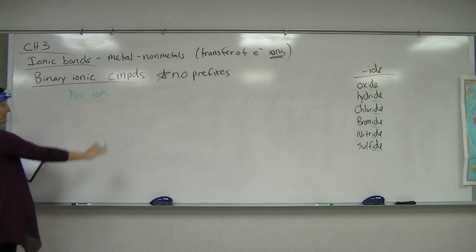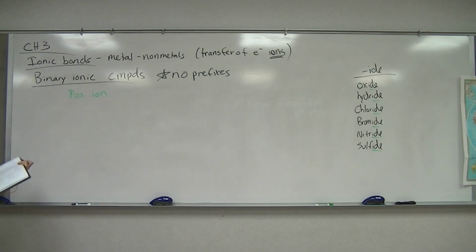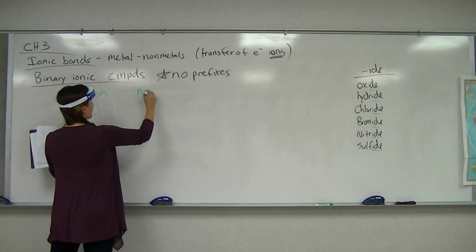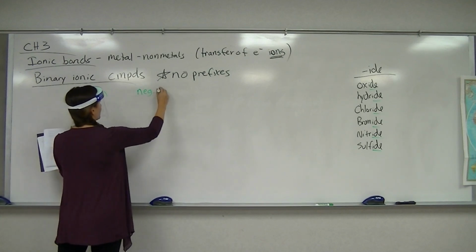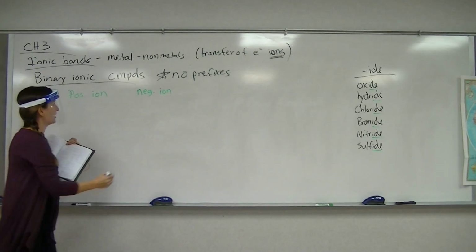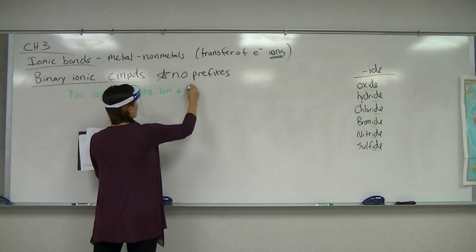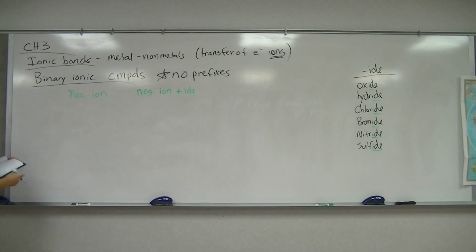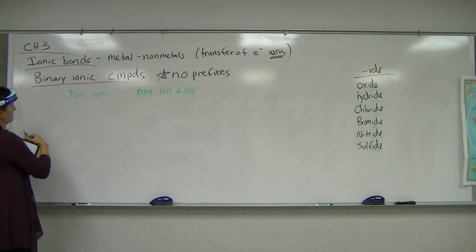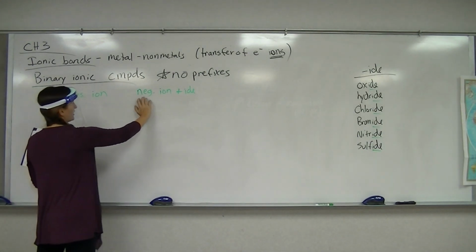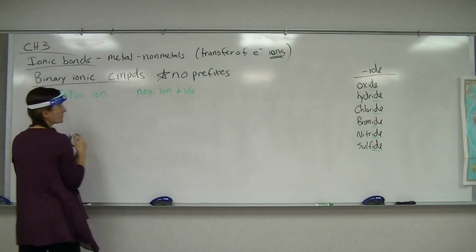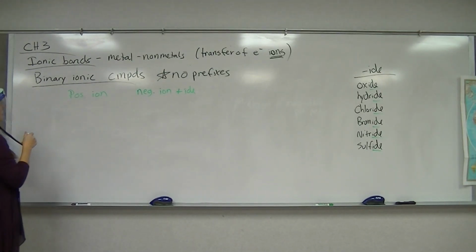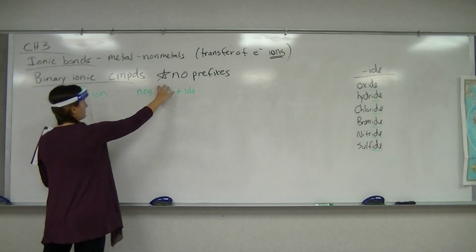And we're just going to use its element name straight from the periodic table. No prefixes, no alternate endings. Then we're going to name the negative, or the anion portion. So the negative ion next. And on the negative ion, we're going to have an IDE ending, much like we did when we named covalent. So positive ion, straight off the periodic table, then we're going to name the negative ion, and the negative ion is going to have that IDE ending. So metal, nonmetal with IDE.